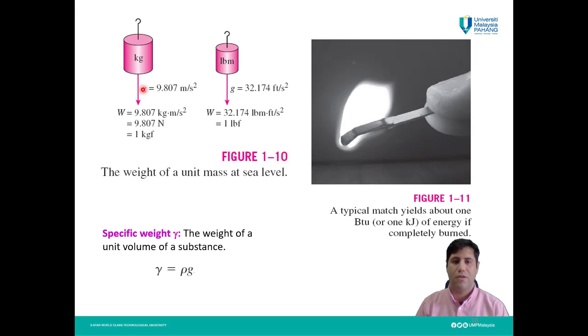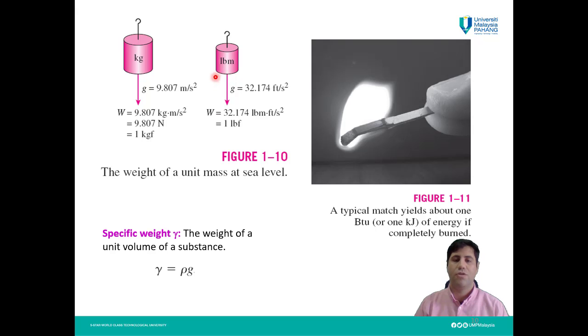As I said, the gravitational acceleration at sea level on Earth is 9.8, and the weight for a 1 kilogram mass of any substance is this much, which is equal to 1 kilogram force. So 1 kilogram force is this many Newtons.